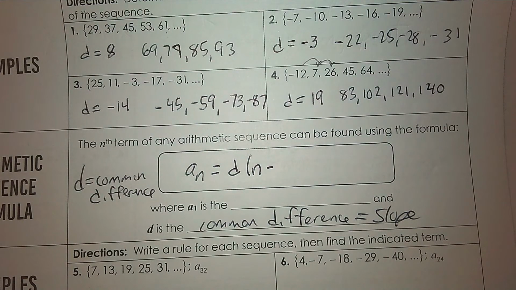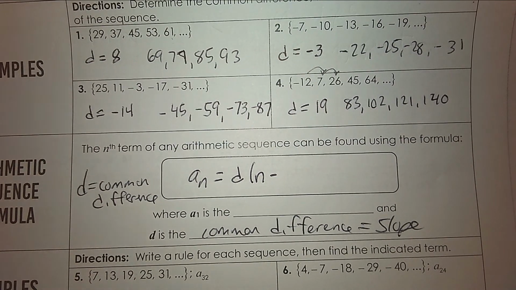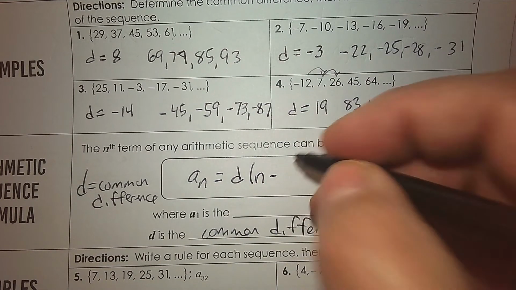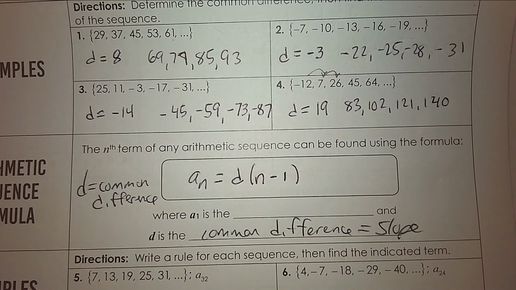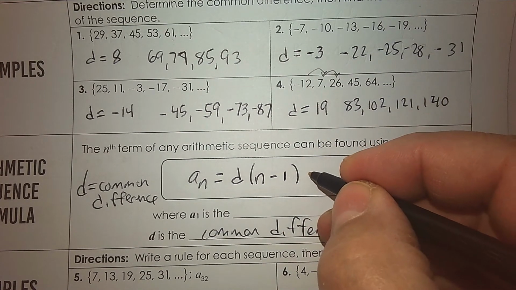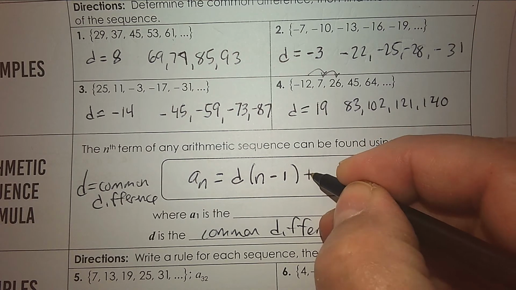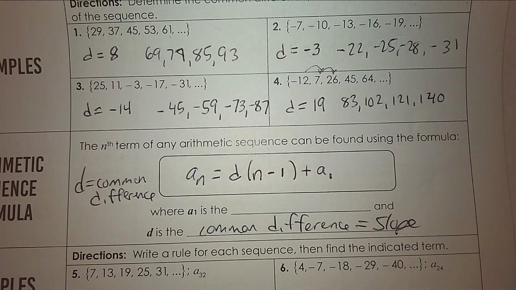And then the formula is based on if you know the first term. If you don't know the first term, you can change this. If you know the first term, the number you put in is 1. And then after the parentheses, you write down what the actual term is, and we call that A1. But let's say you knew the second term.